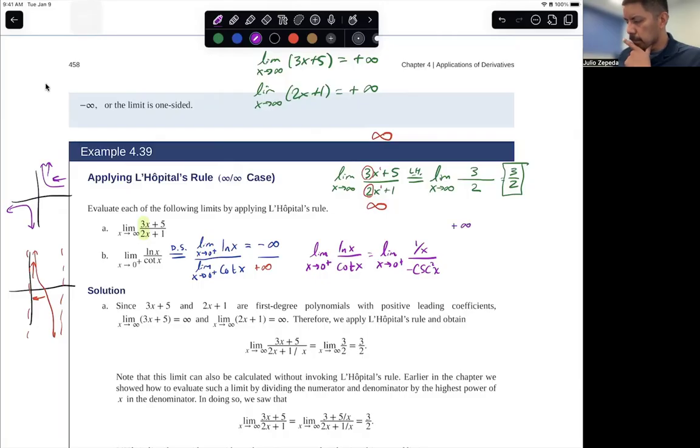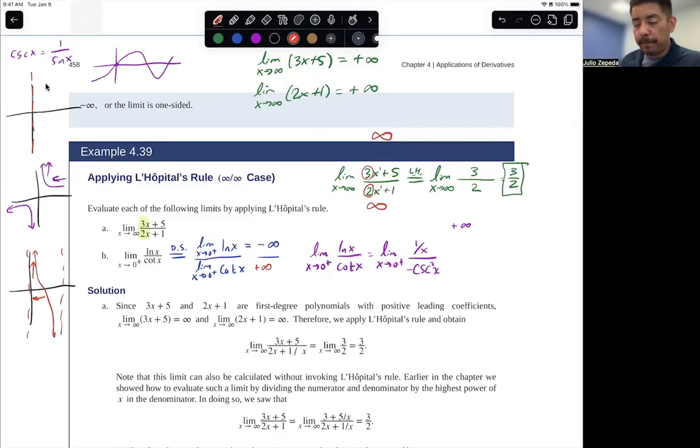Okay, so cosecant of x squared. The cosecant function, well, we remember that cosecant x is equal to 1 over the sine of x. And since sine of x has a y value of 0 when x equals 0, the cosecant x is going to be undefined at x equals 0, since it's the reciprocal of 0.